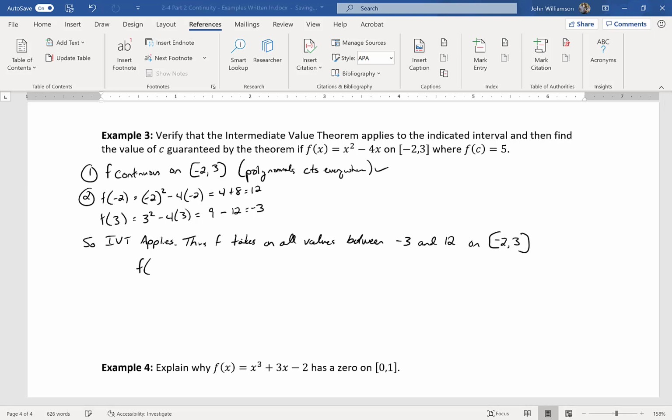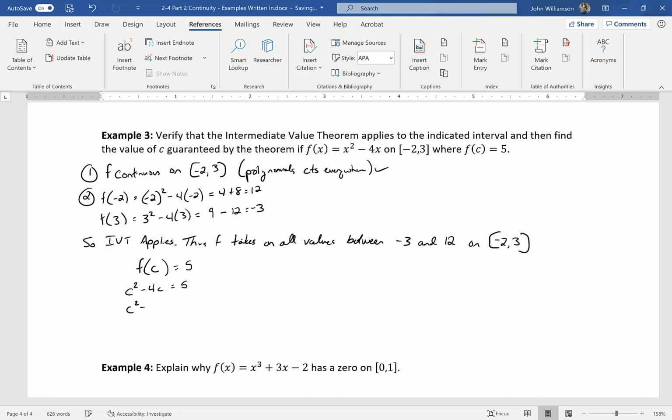Therefore, we got to find that value now. So if f of c equals 5, well, that means what's f of c? f of c is just c squared minus 4c equals 5, right? And we've got to solve this now. So easiest way to solve it, get everything on one side, set it equal to 0.